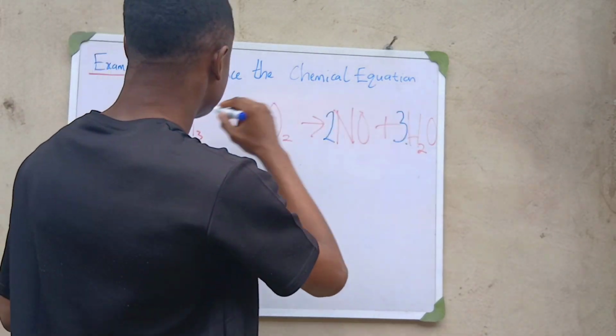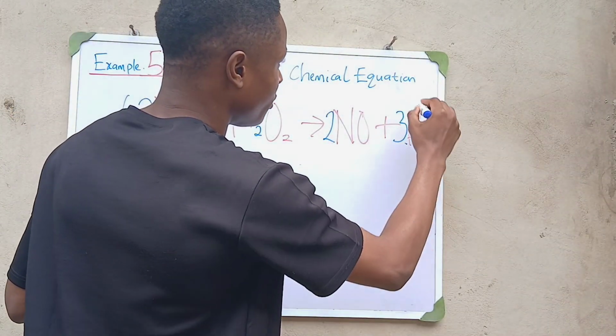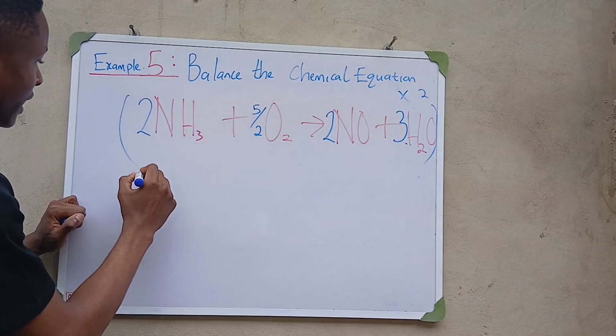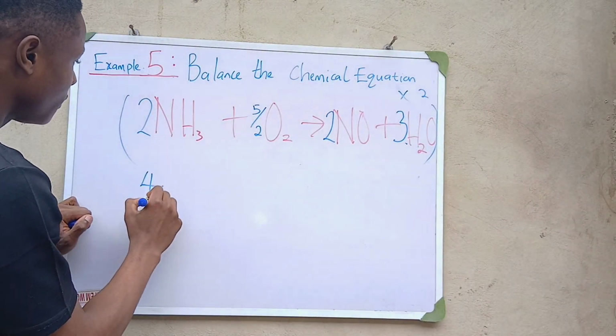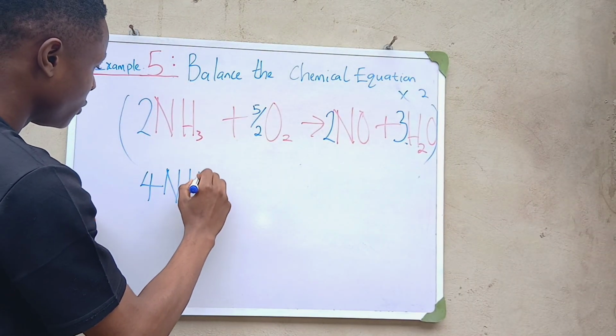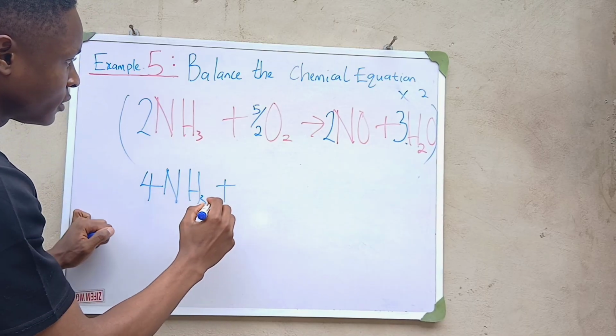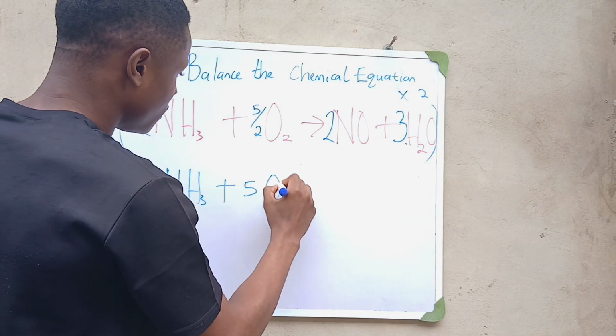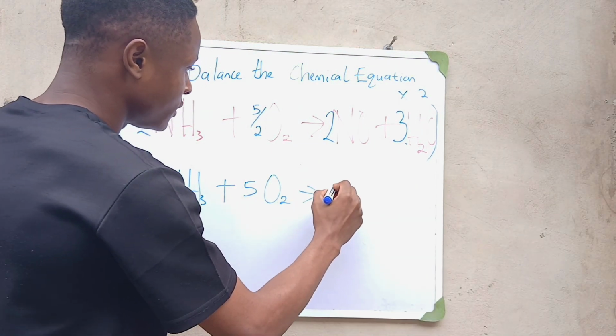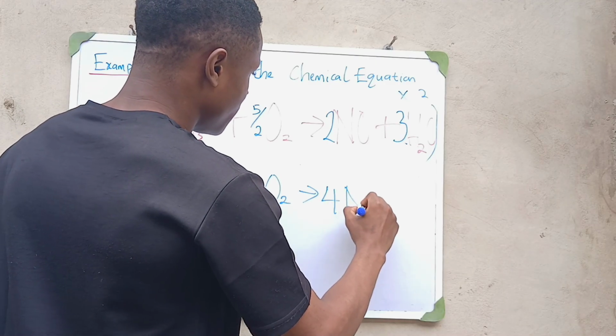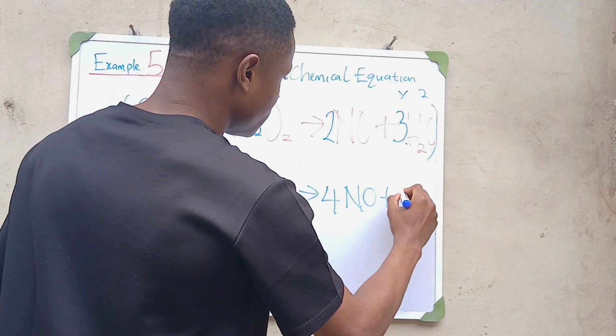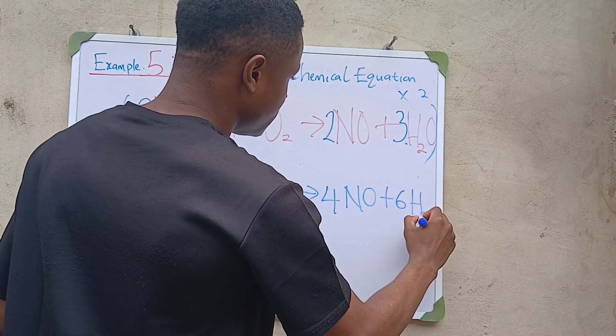So multiplying this whole equation by 2, we are going to have 4 ammonia plus 5 oxygen give us 4 NO plus 6 H2O.